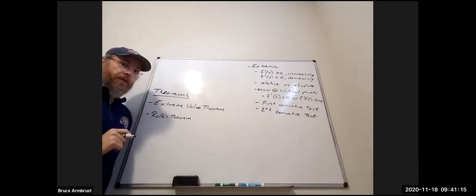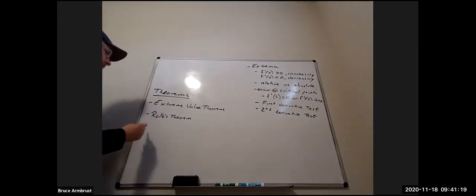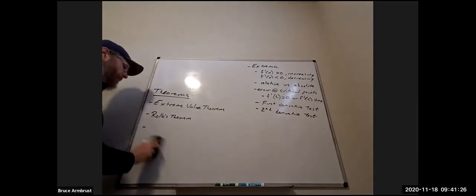Okay. That was Rolle's theorem. And Rolle's theorem was important because it allowed us to prove the intermediate value theorem, or sorry, the mean value theorem.